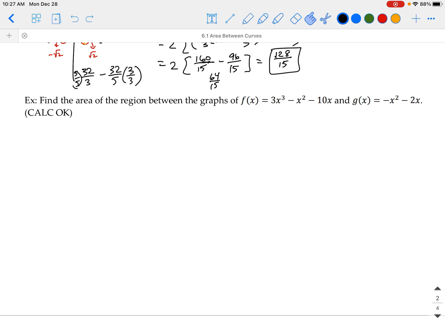And then for the window, it's kind of unclear, so I would just do a negative 10 to 10 window for x and y. Just have a nice square window. Good, okay, so you should see the cubic and then the quadratic, and we can see that there's 2 overlapping regions. So I'll draw just kind of a rough sketch here of what my graphing calculator looks like.